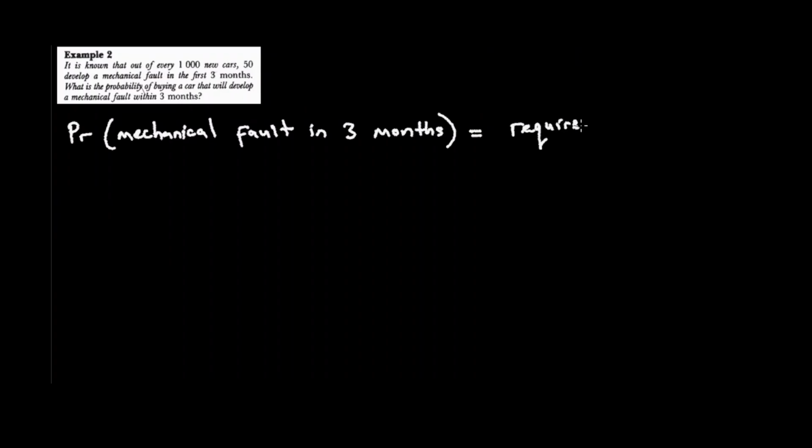So the probability of a mechanical fault in 3 months is equal to what? Remember, required outcomes over possible outcomes.